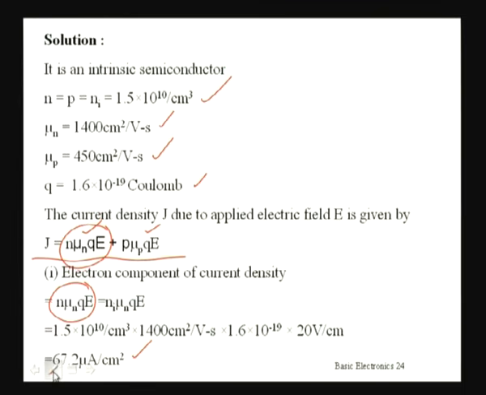So in today's class we have learnt about intrinsic semiconductor material as well as extrinsic semiconductor material, and we have studied their characteristics or properties. This semiconductor is the main component in all electronic applications and devices.